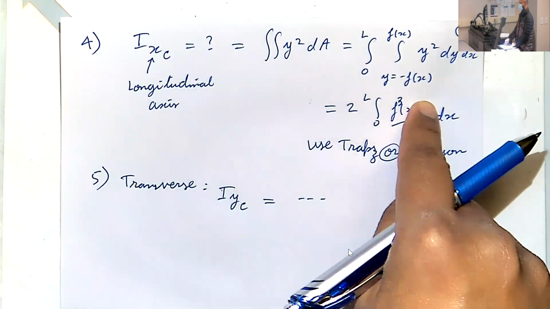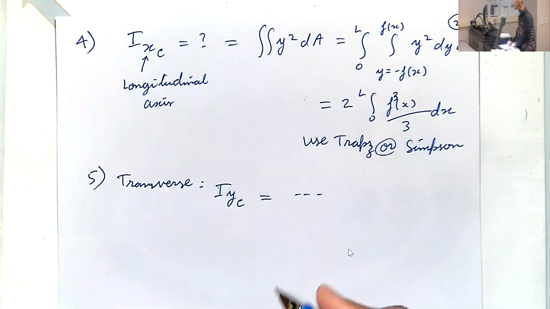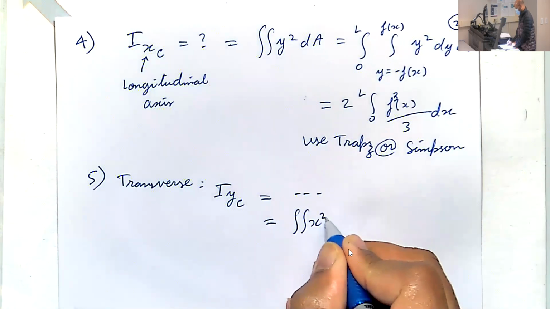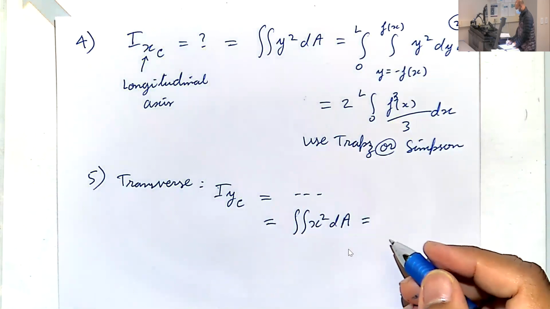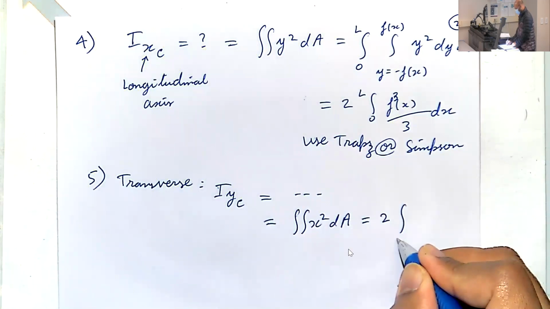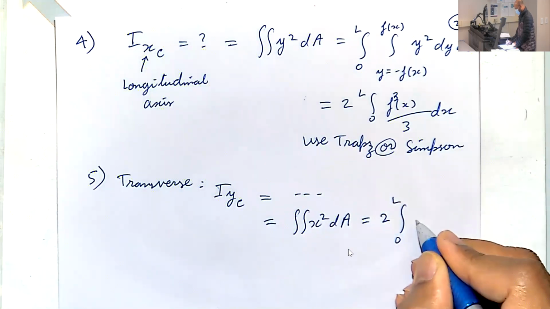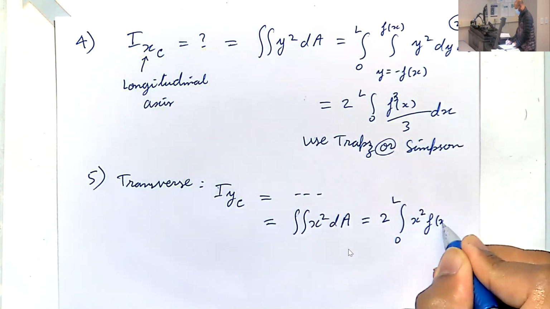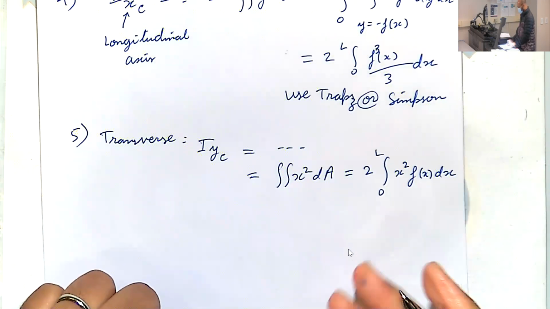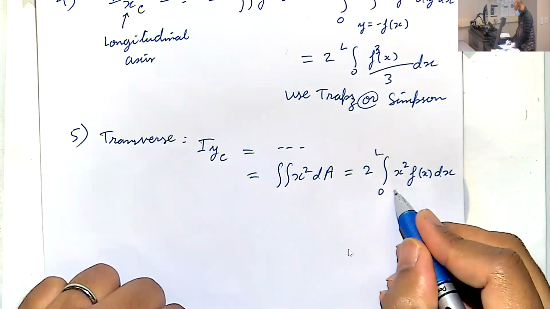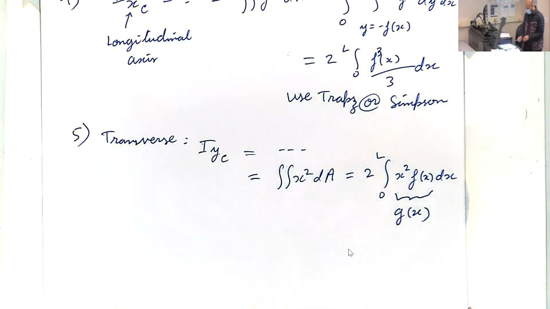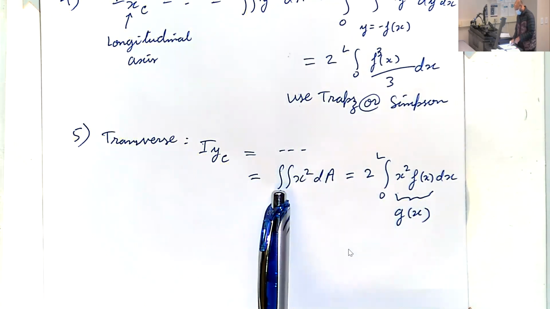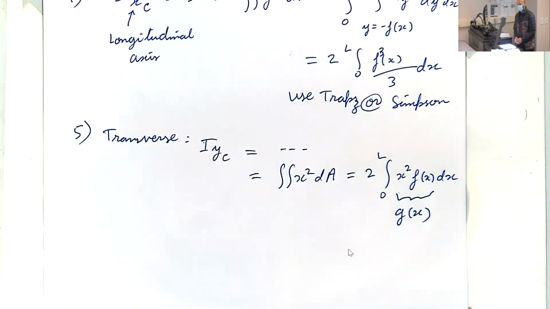You know how to integrate this using trapezoid and Simpson's. For IYC, all you have to do is start here, x squared dA, and you'll end up with 2, 0 to L, x squared f of x dx. Once you're here, you know how to integrate this. You replace this with a g and do trapezoid or Simpson's, same thing. All you have to do is start at the basic formula and simplify it as far as you can analytically before you turn to numerics.